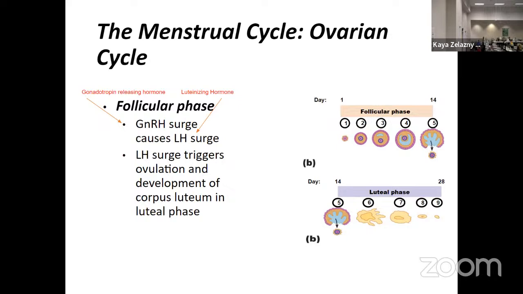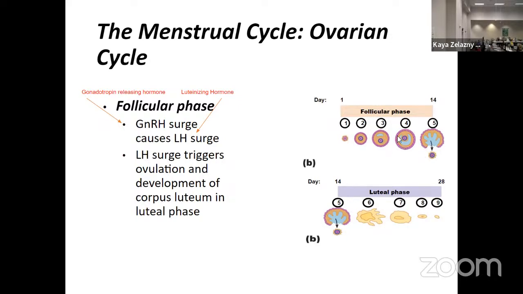So what's happening in terms of hormones is GnRH, gonadotropin releasing hormone, during the follicular phase is going to surge. That's coming up from our hypothalamus, right? And its surge causes a surge of a hormone called LH, or luteinizing hormone, okay? And this is what is eventually going to trigger that ovulation.